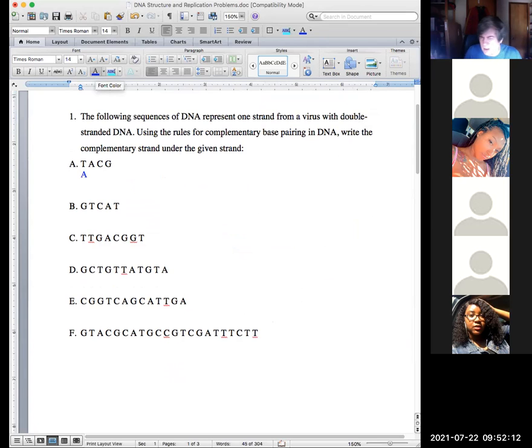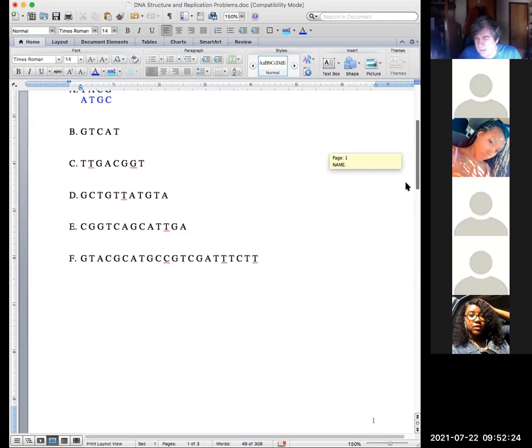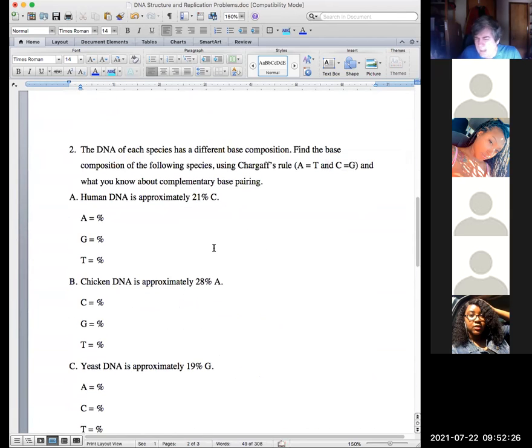Well, because we know that A always pairs with T and G always pairs with C, if we know one strand, we can write the other strand.